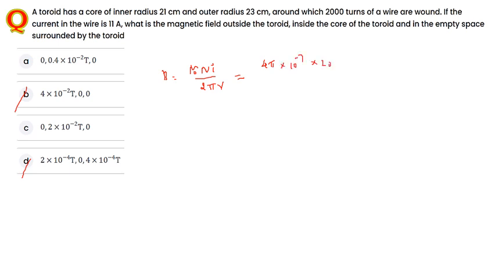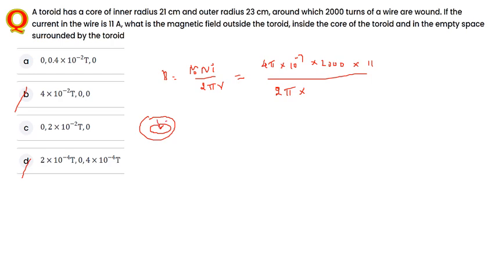N here is 2000 turns, and I value is 11 ampere of current, and 2 pi into R, and what is the R value? It is the radius at the center, in this case of the solenoid at the center. See, this is the outer radius, and for example this is the inner radius, I just mentioned here, inner one, this is the outer one.